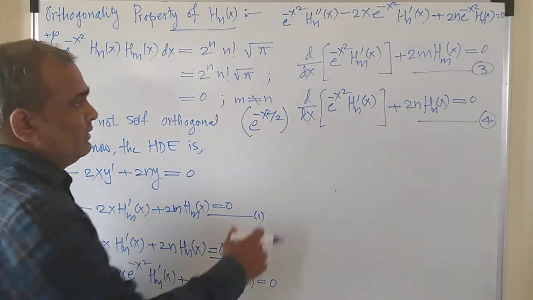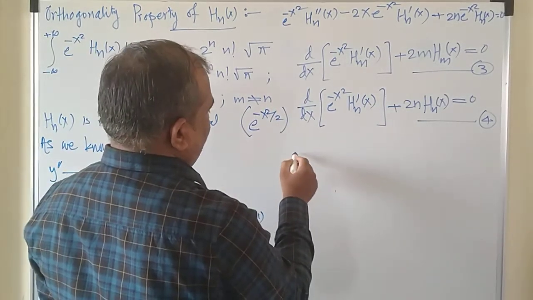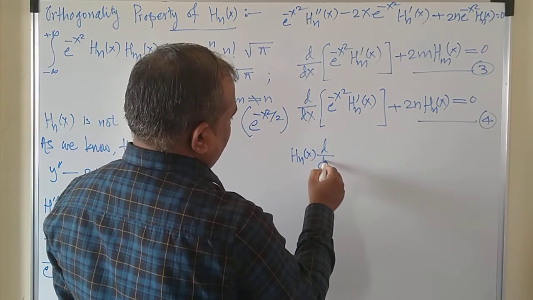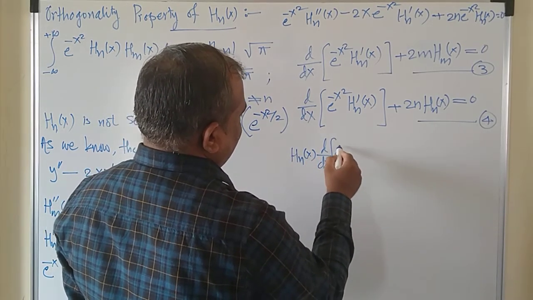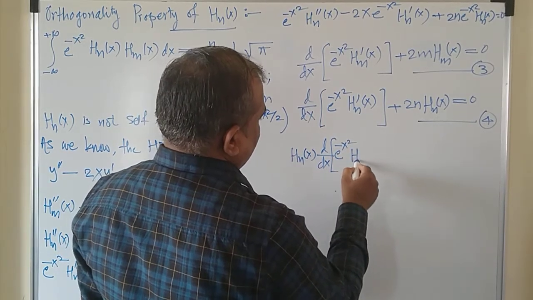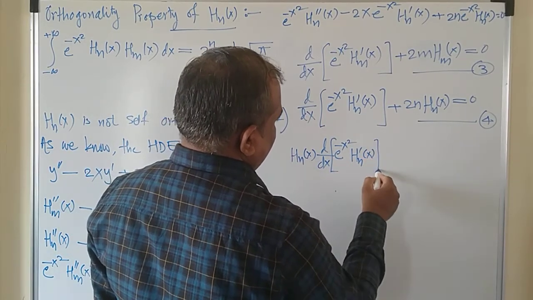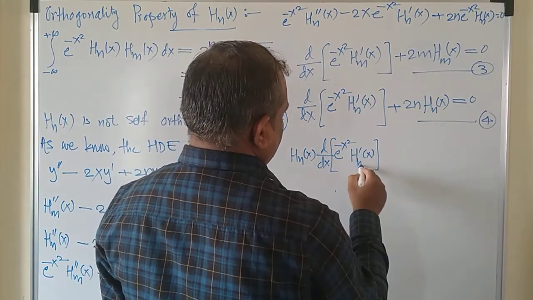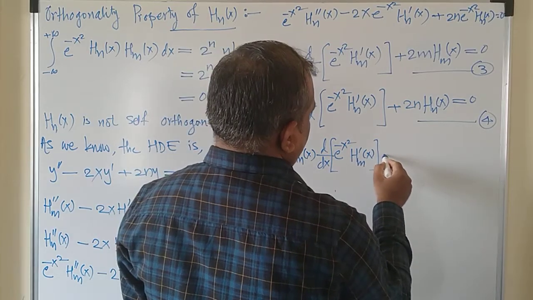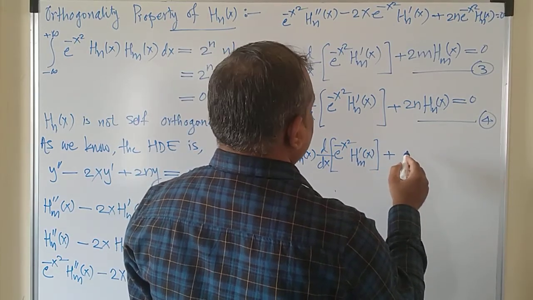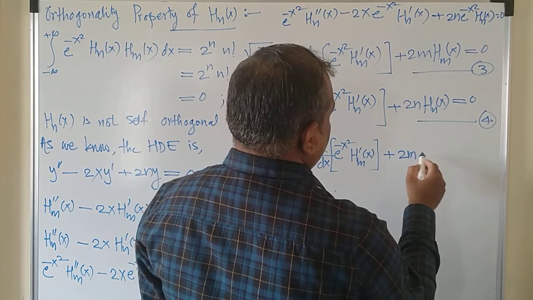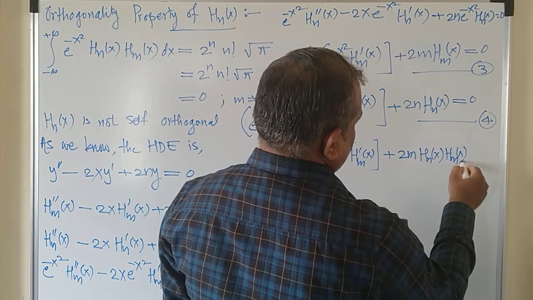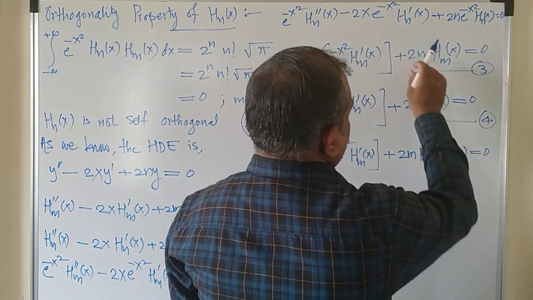what we will get is here Hn of x into d/dx of e raised to minus x square into Hm dash of x. Not n here, this is m, no? Hm dash of x plus 2m Hn of x into Hm of x, and this is equal to 0, right?